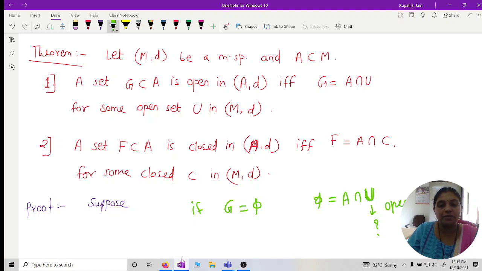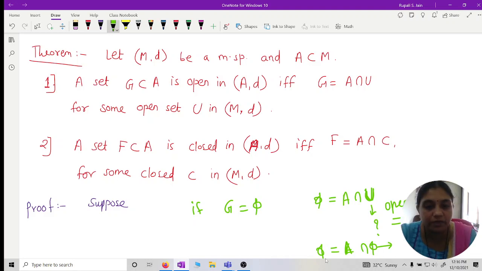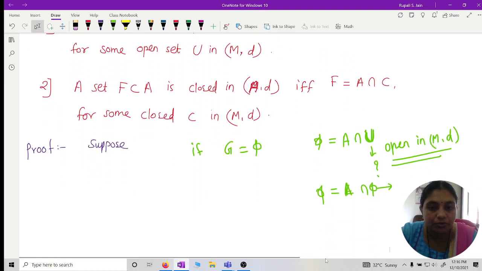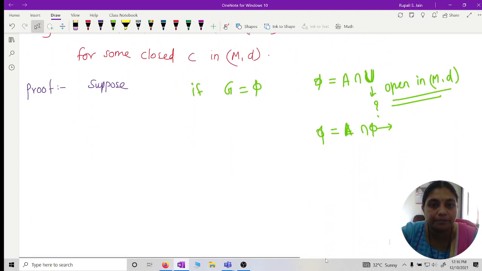Again, empty set will work. Whatever may be my A intersection empty is empty set, right? And we know that empty set is open in any metric space. So for empty set it will work only. It is trivial. Okay, now we want to prove if it is not empty.